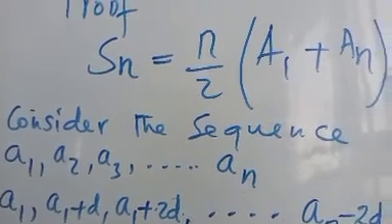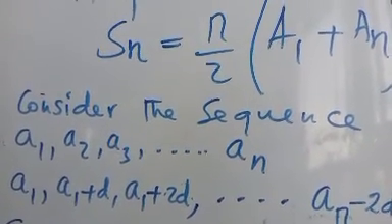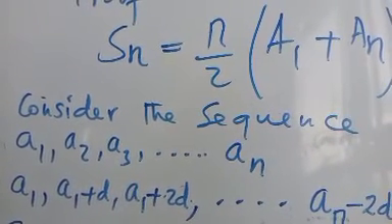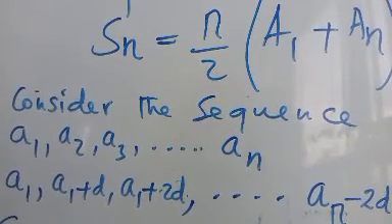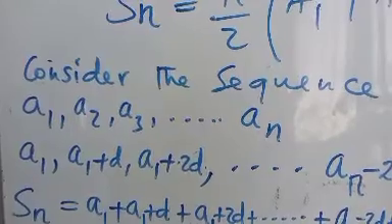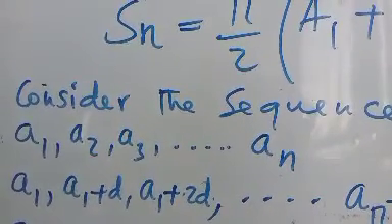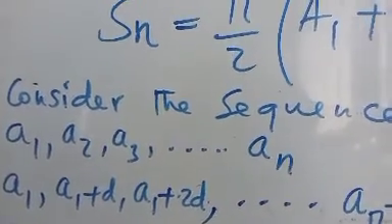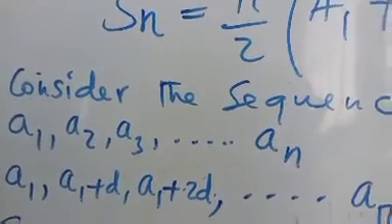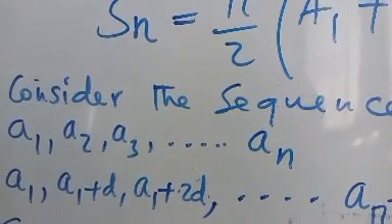Now, in order to prove this formula, we have to consider the sequence a1, a2, a3, up to an. According to the definition of terms of an arithmetic sequence or arithmetic progression, a1 is always equal to a1.